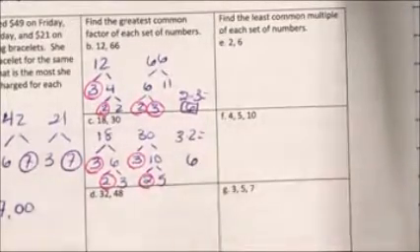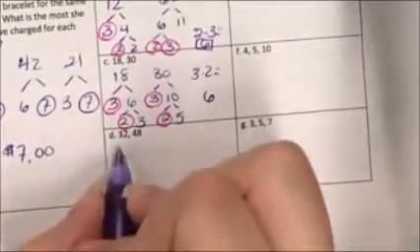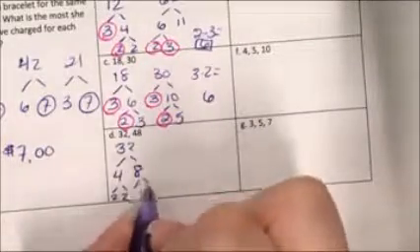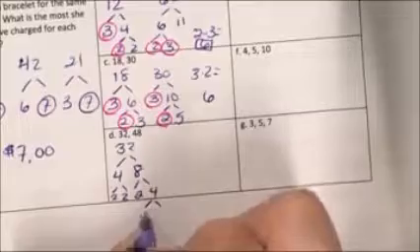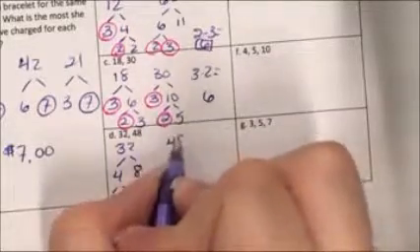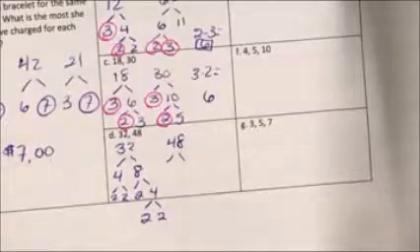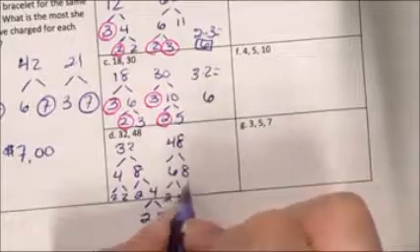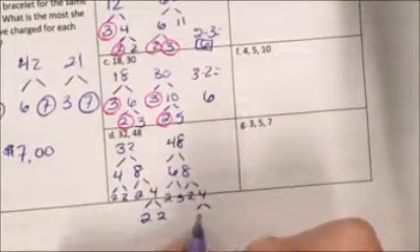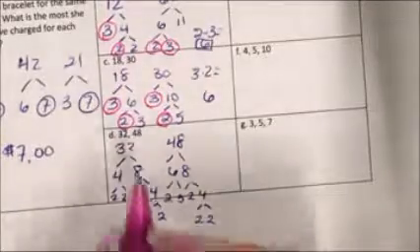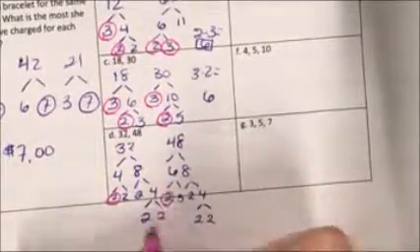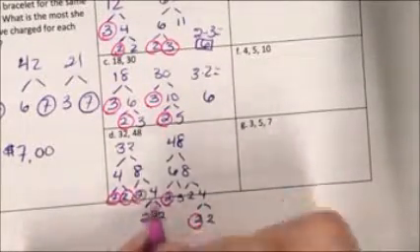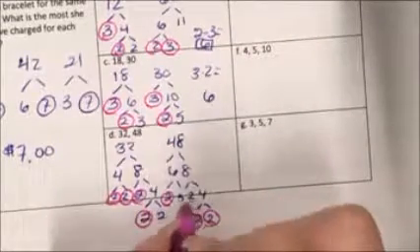Do the same thing for the last one down here. 32 is 4 and 8, and 4 is 2 and 2. 8 is 2 and 4, which is 2 times 2. 48 is 6 times 8. 6 is 2 times 3. 8 is 2 times 4. 4 is 2 times 2.